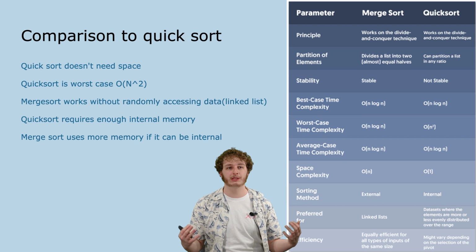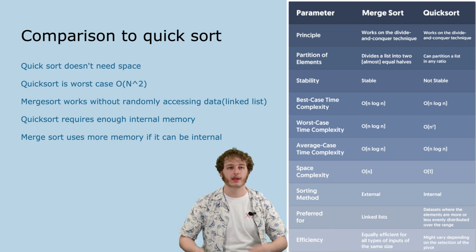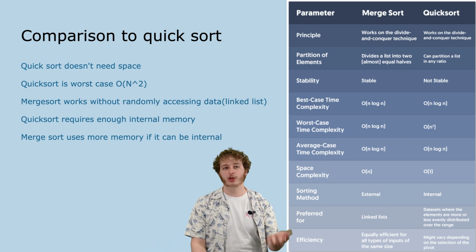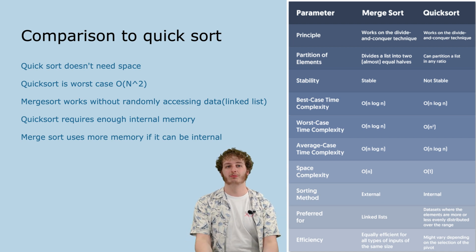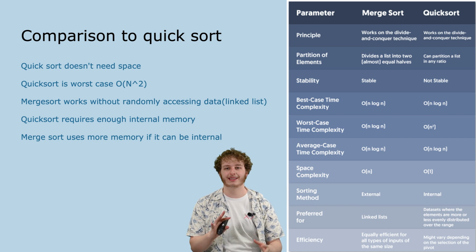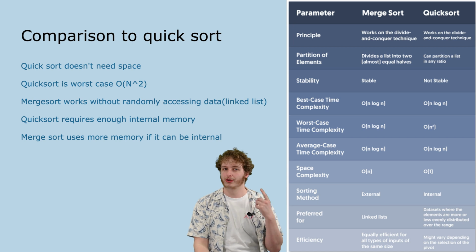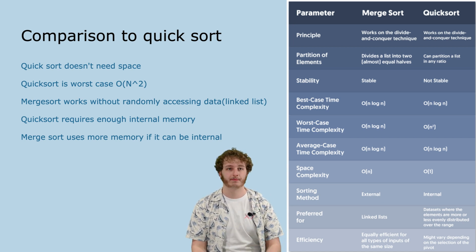So if you're after pure speed, you don't have to worry about anything to do with space inside your computer, technically, merge sort is better. Merge sort works without randomly accessing data, so it can work in a linked list, unlike Quicksort, which has to randomly pick a point of the data. And merge sort uses more memory if it can't be internal. Now you guys don't have to worry about memory handling, it is just a reference, but I think the two key points you should remember is that Quicksort is worst case n squared, and merge sort requires memory.